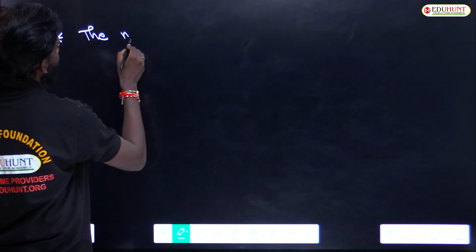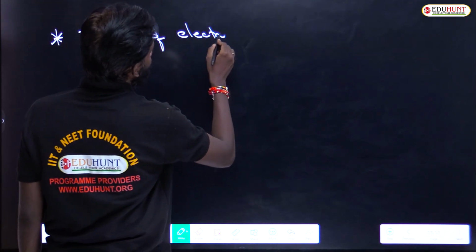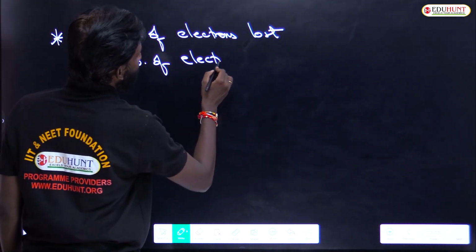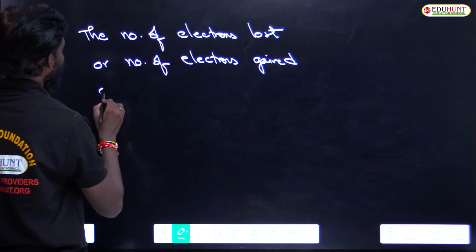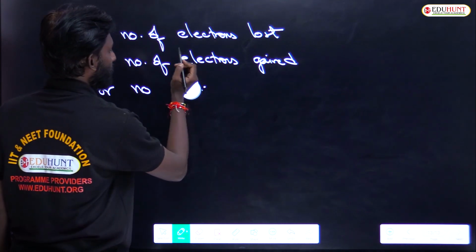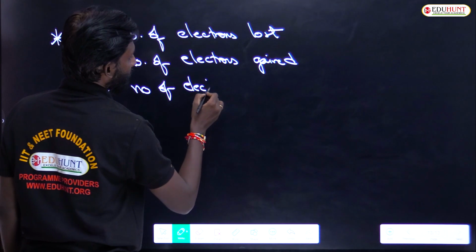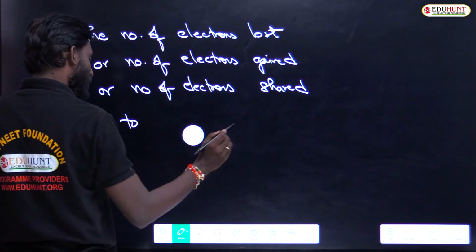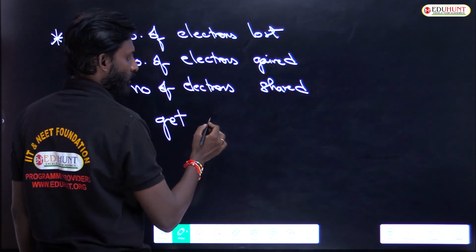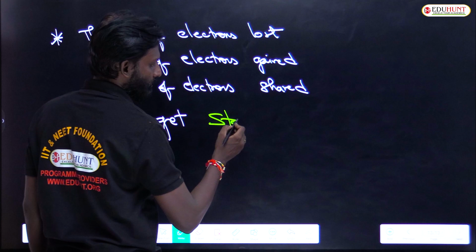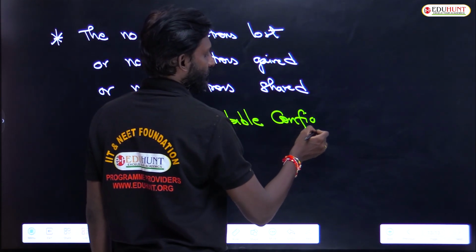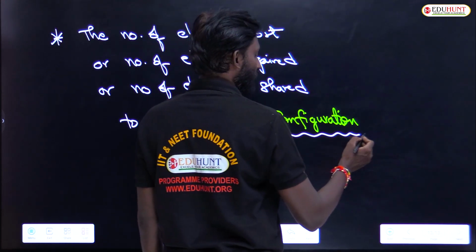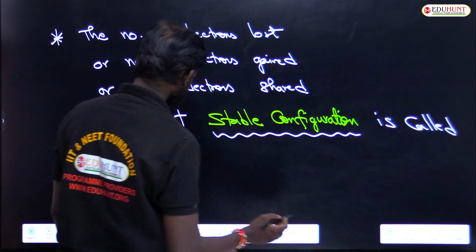The number of electrons lost, or the number of electrons gained, or the number of electrons shared to complete or to achieve, simply to get stable configuration, is called valency.